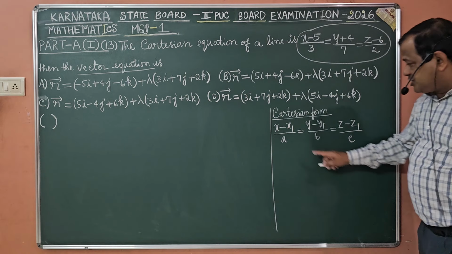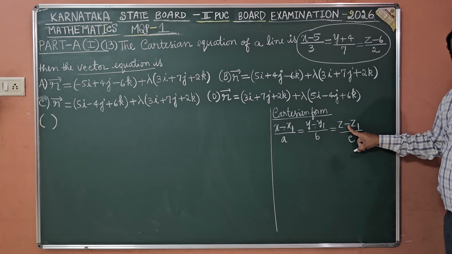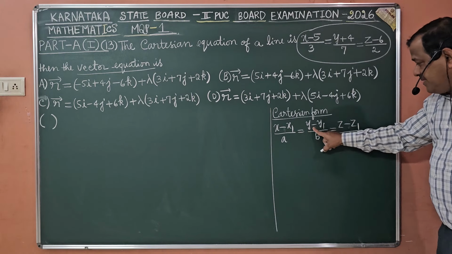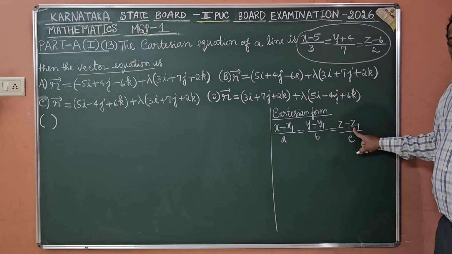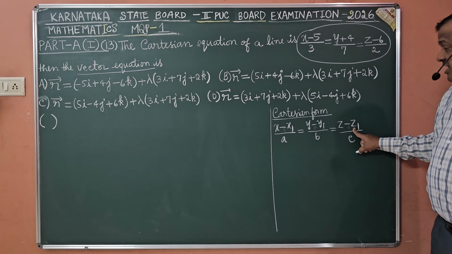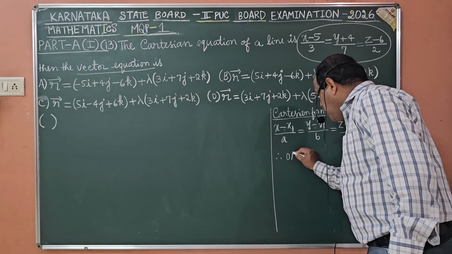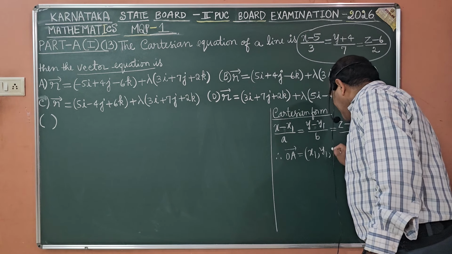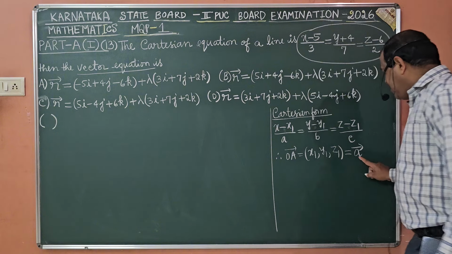Then I tell you it should be minus in the numerator in all three ratios. Then leave this minus, this minus, this minus. Can you get x1, y1, z1? That is our point A, capital A, or it is position vector OA vector. Therefore, I write here OA vector is x1, y1, z1, which we write as small letter a vector.